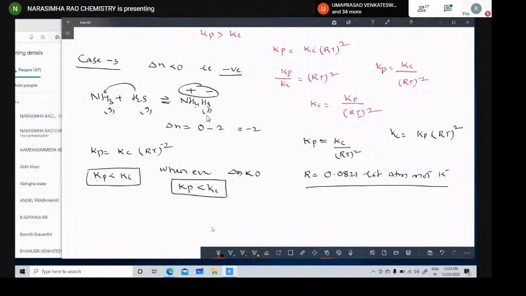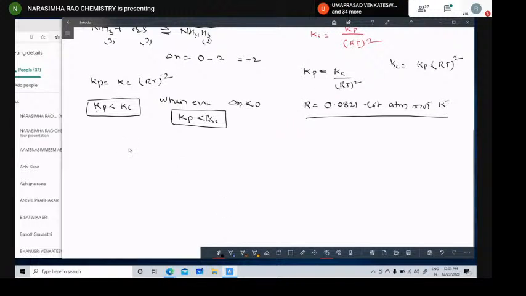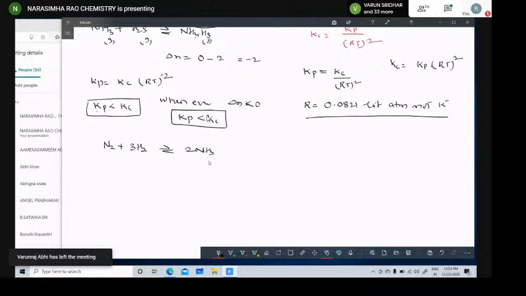So one more example I am taking, children. N2 plus 3H2 is in equilibrium with 2NH3. This is gaseous, this is gaseous, this is also gaseous.